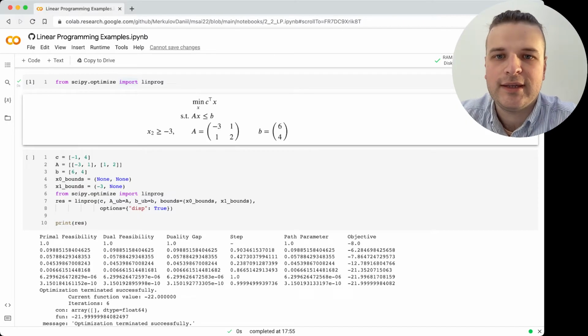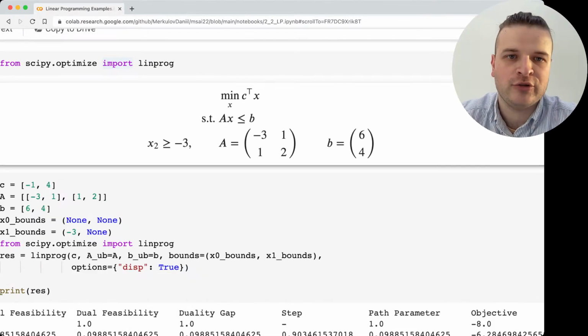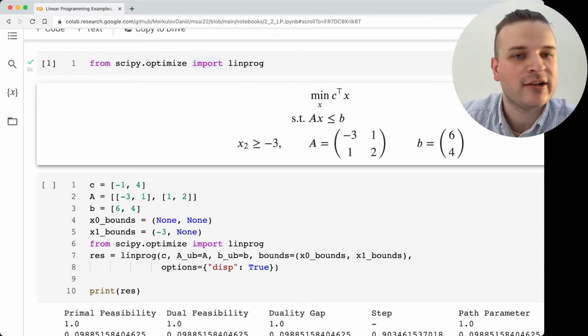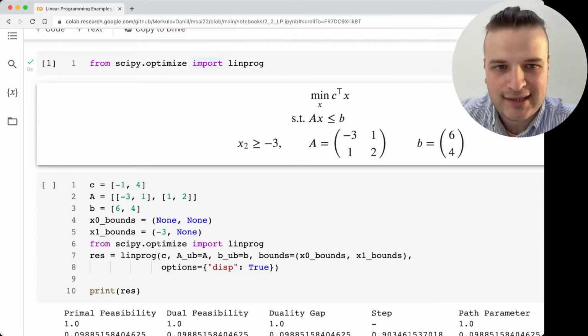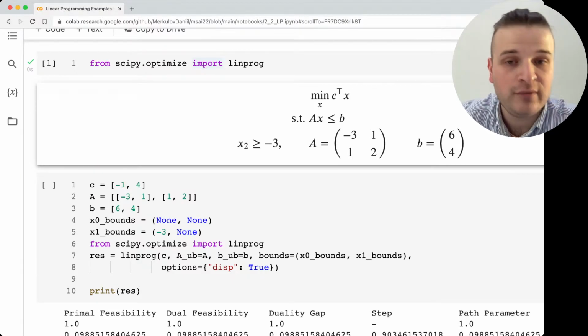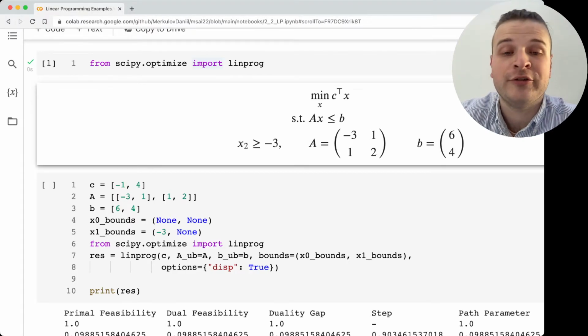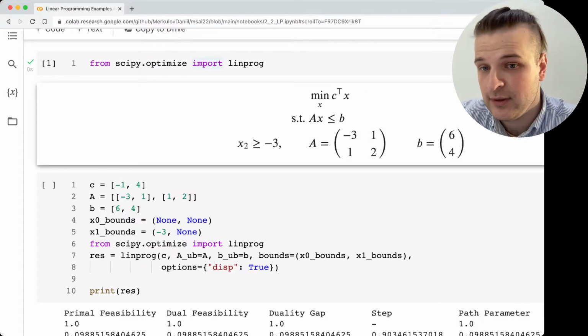Here we have a very general formulation: a linear function c transpose x subject to Ax less than or equal to b, with an additional restriction on the second entry of x, which should be greater than -3.